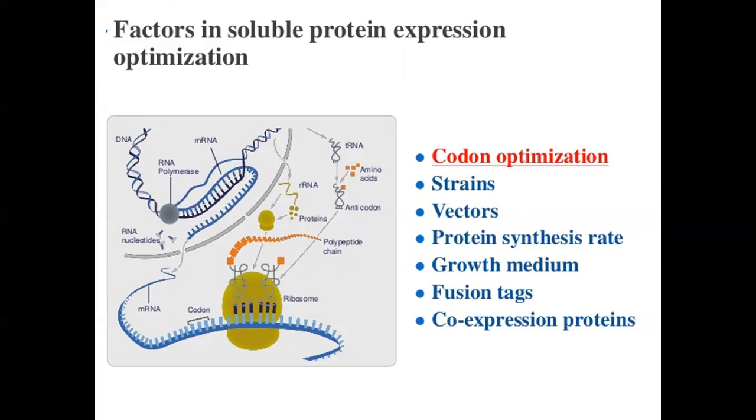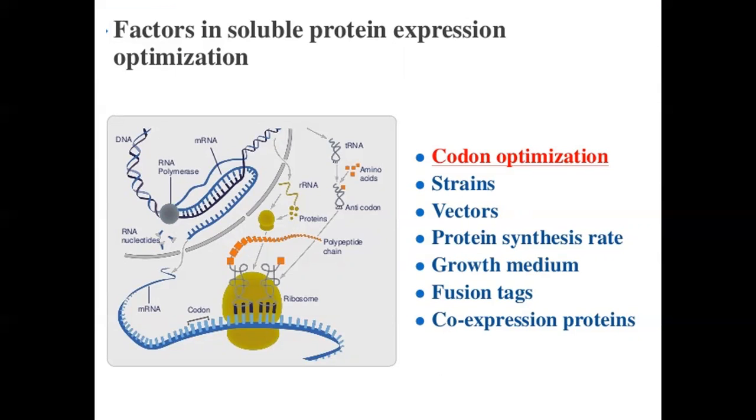Another option is the co-expression of subunits of di- or multimeric proteins, or the co-expression of one or more chaperones. For example, proteins are only functional when they are properly folded. To fold our heterologous protein, or the proteins which the cell expresses, they need proper folding.